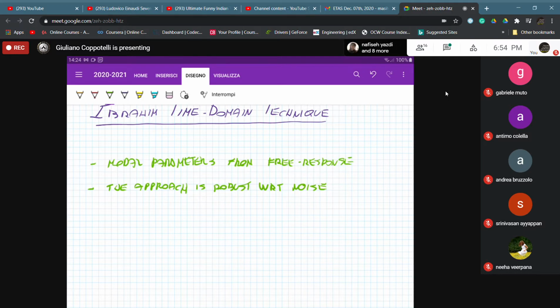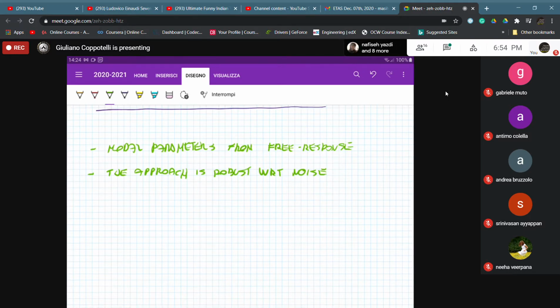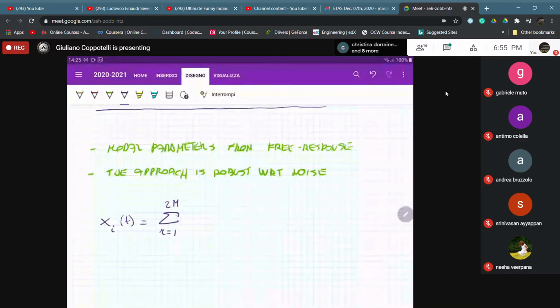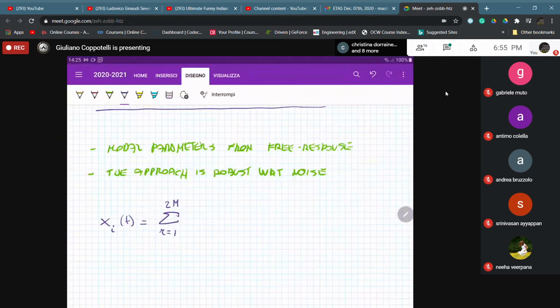Then our free response could be written in terms of the output at a specific measurement point, whatever degree of freedom from the analysis. So what we can write is that your whatever ith response in time domain could be written as a summation going from 1 up to 2m, where m is the number of modes. Please note I'm using 2m because there could be complex conjugate parts.